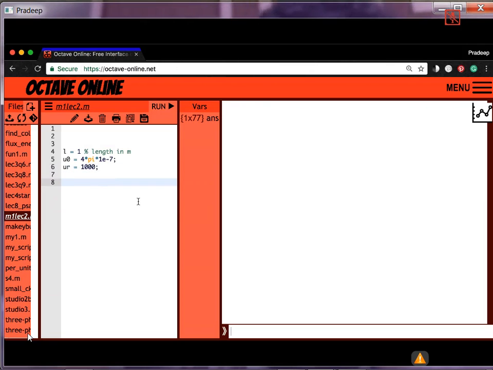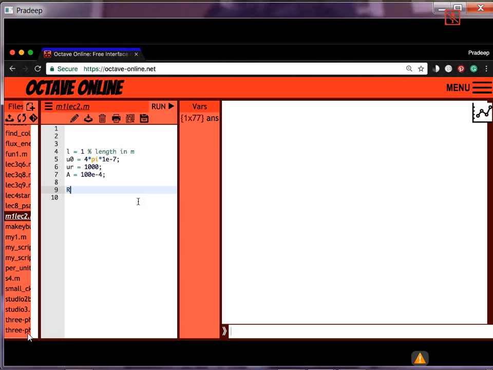Given these values, next I can define the area. So the area is 10 centimeters by 10 centimeters. That means 100 centimeters squared or 100 times 10 to the power of minus 4 meters squared. So you convert everything into meters squared.